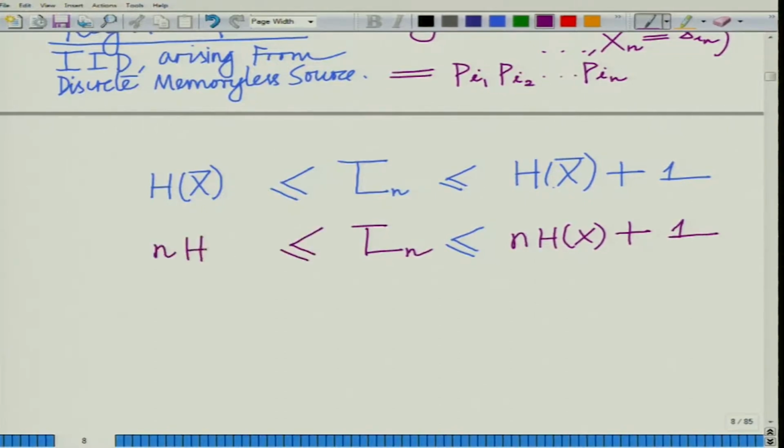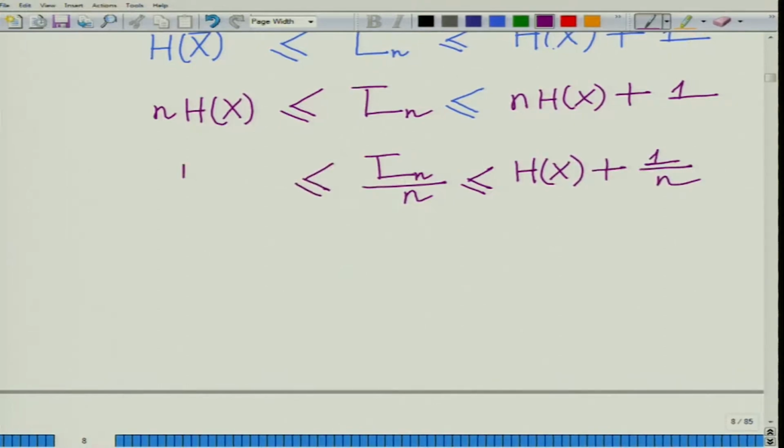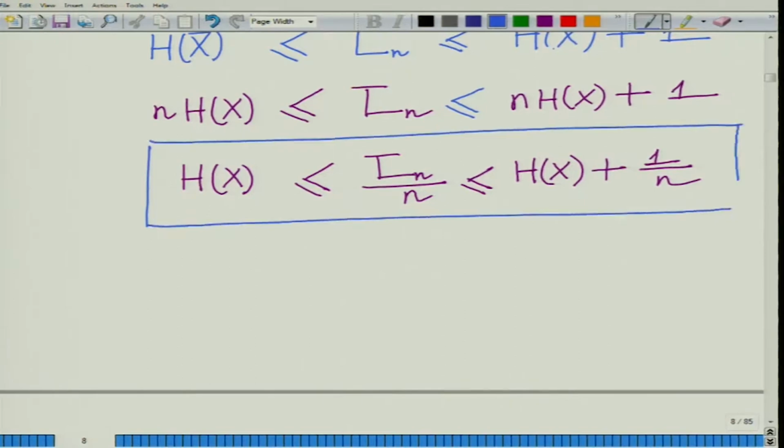Dividing throughout by n, we get L bar n by n is less than or equal to H(X) plus 1 by n, and greater than or equal to H(X).